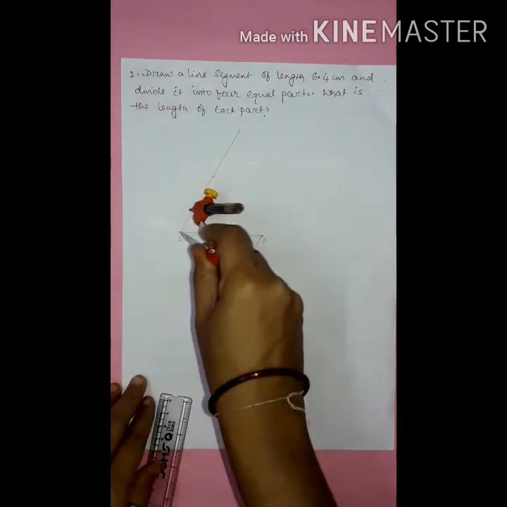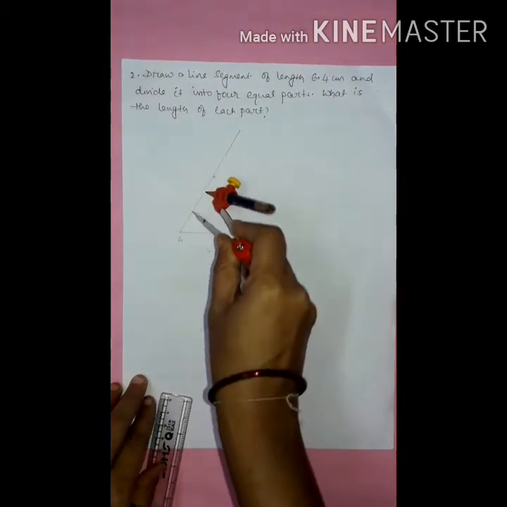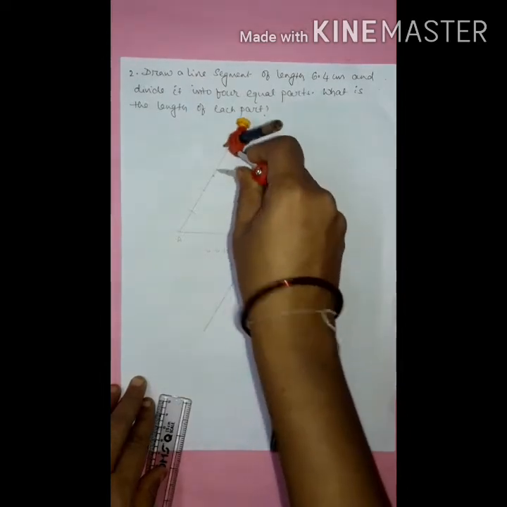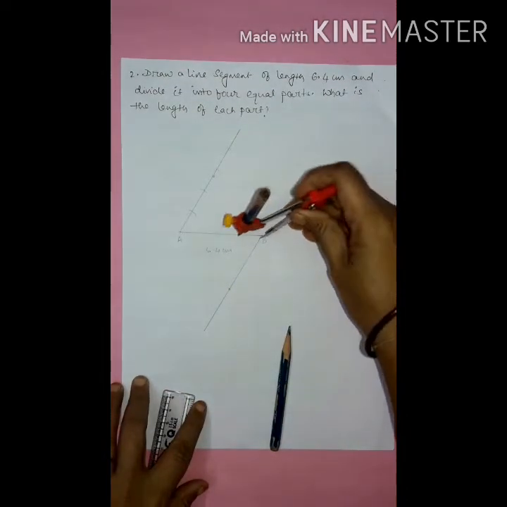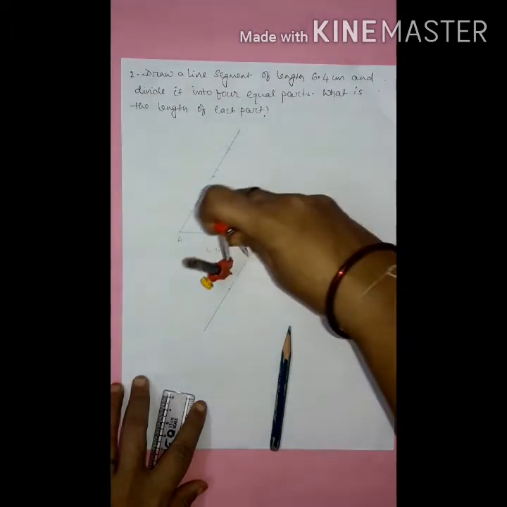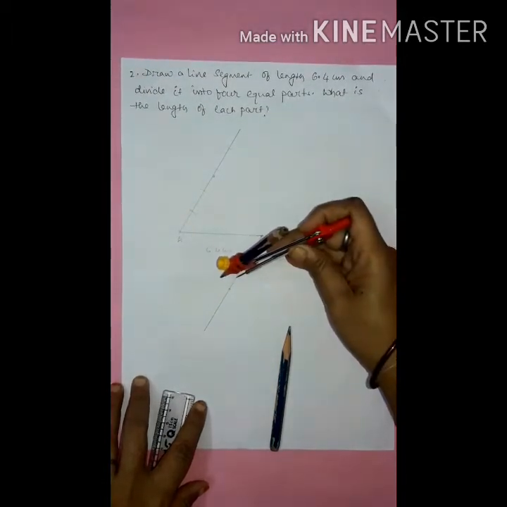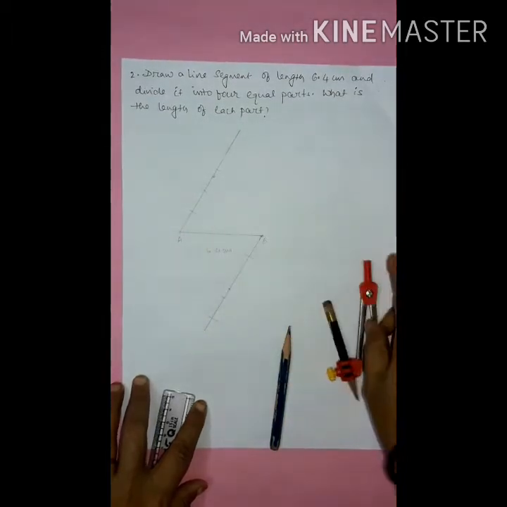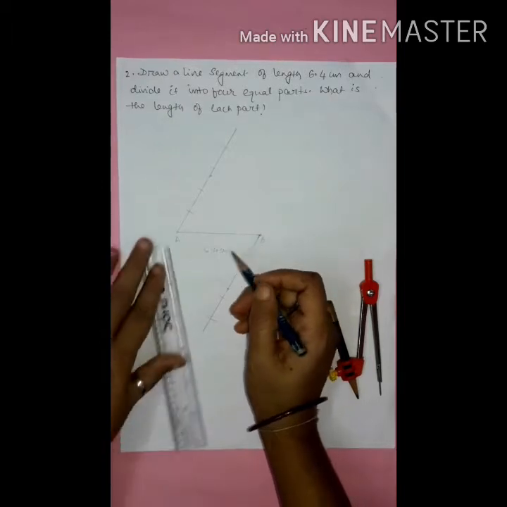You have to mark 1, 2, 3, 4. From B it is also 1, 2, 3, 4. Now what else then? Same like this we have to join.